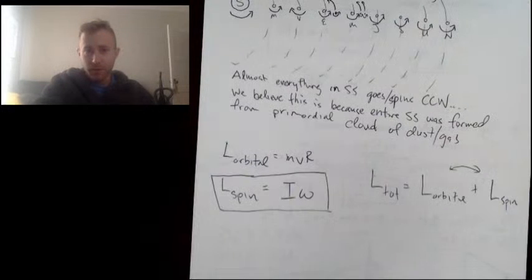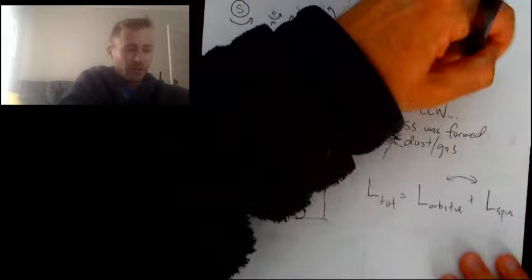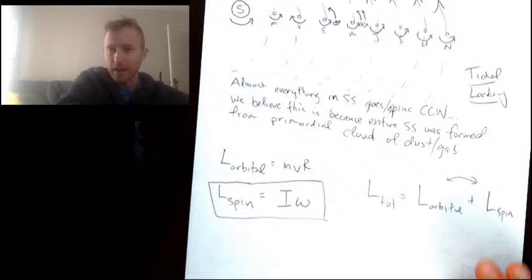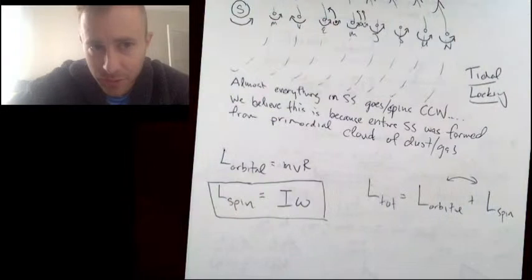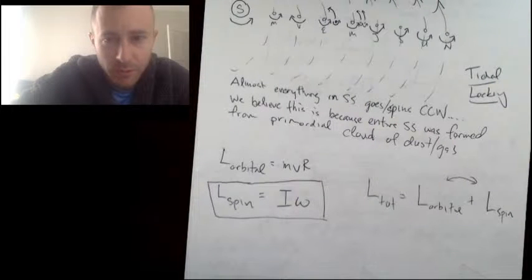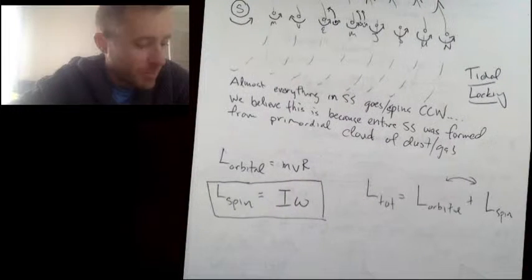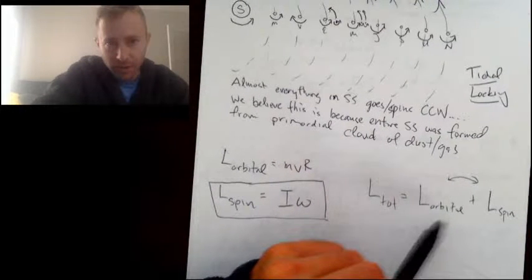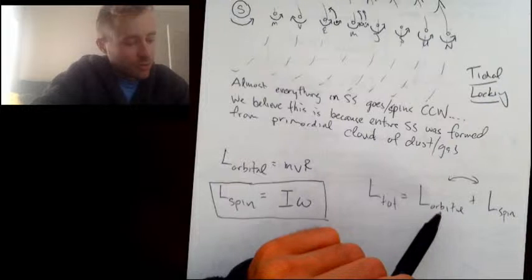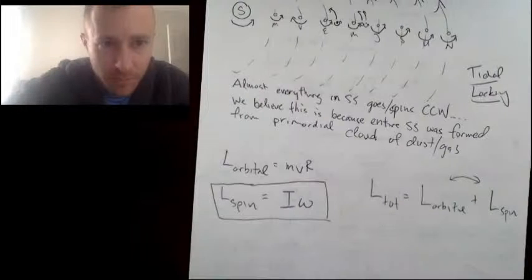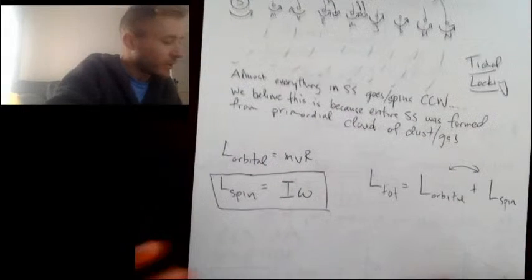And that phenomenon is called tidal locking. Almost every moon in the solar system is tidally locked to its planet. So that is not a feature that is just for the moon. Okay? It is for basically all of the moons in the solar system. And that happens via a spin-orbit interaction that transfers angular momentum from spin to orbital until the spin rate is the same as the orbital period. All right? So that's kind of cool.